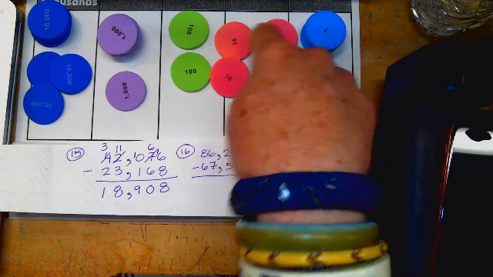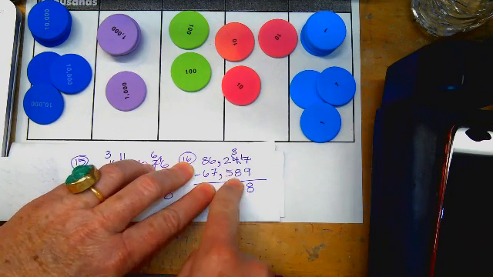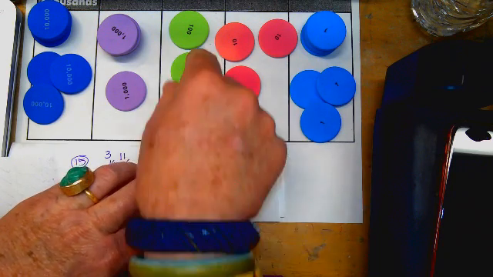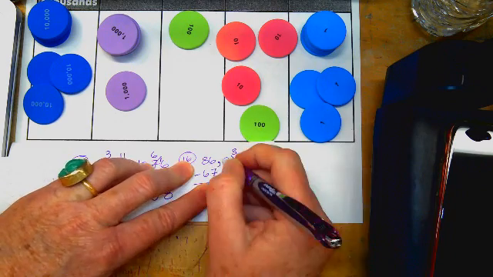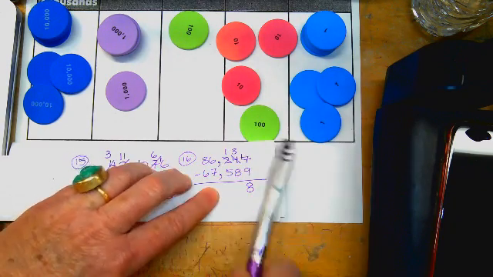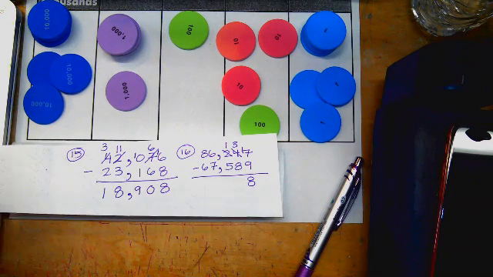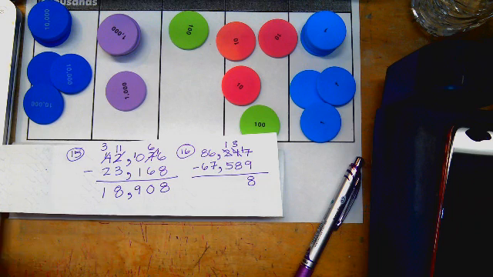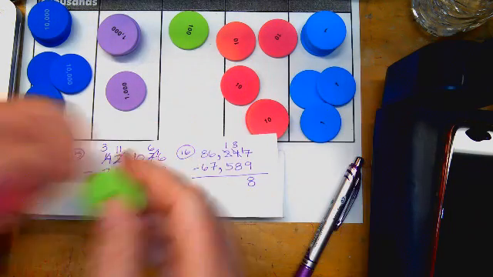Okay, so far so good. Now I have 3 of these, and I'm supposed to take 8 away. You can see that's not going to work. I can't take 8 away. So I'm going to regroup 1 from the hundreds. That leaves me with 1 hundred, and now I'm going to cash these in.